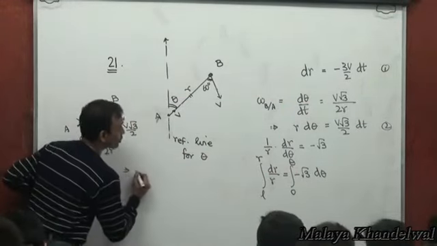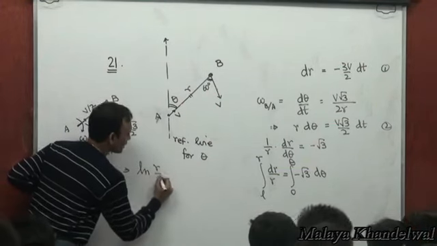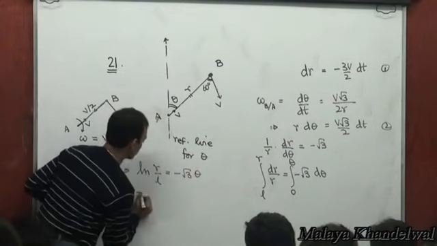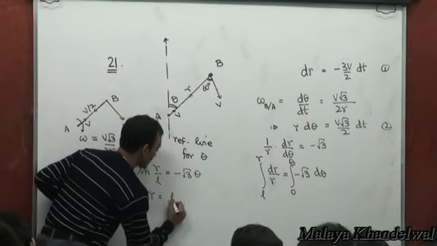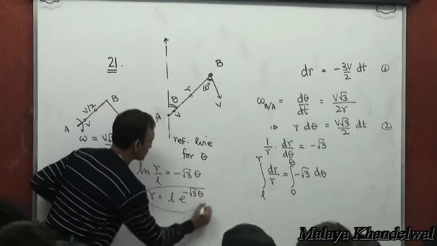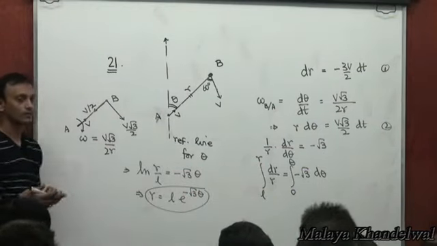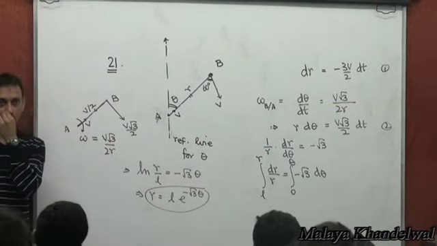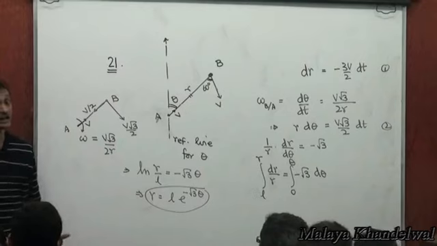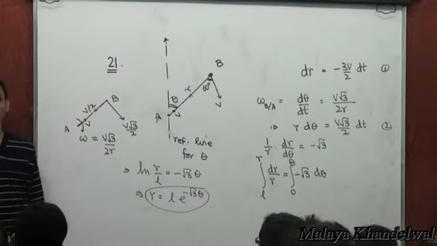So we have log R by L equals minus root 3 theta, or R equals L e power minus root 3 theta. This will give you the trajectory of B as seen by A. Got me?